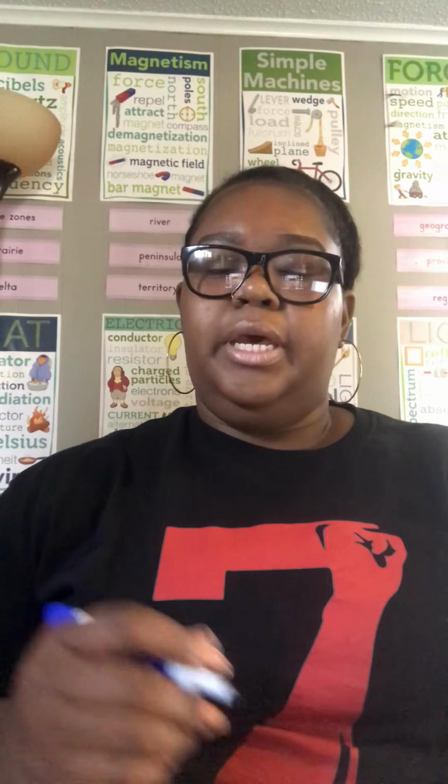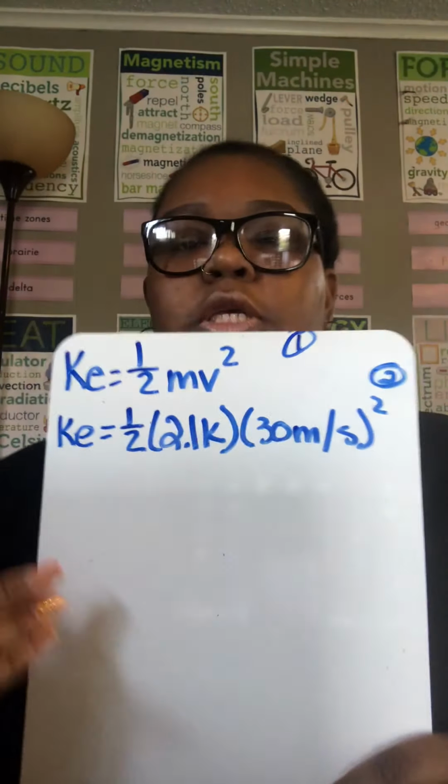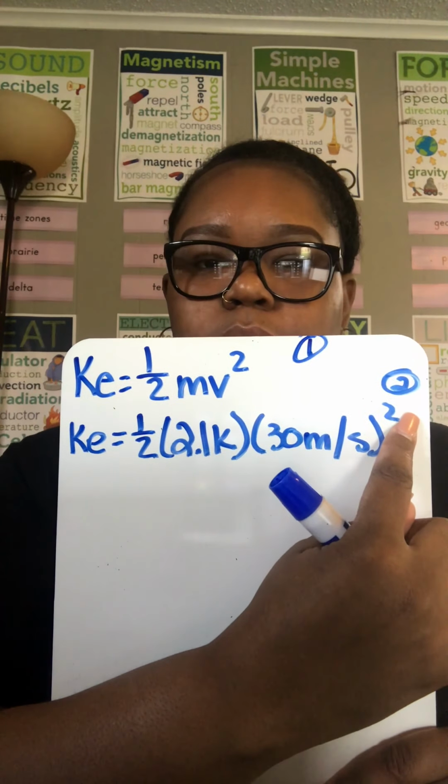We are going to plug in our numbers in place of our variables. So on step number 2, I'm plugging in my mass and my speed. This is step number 2.